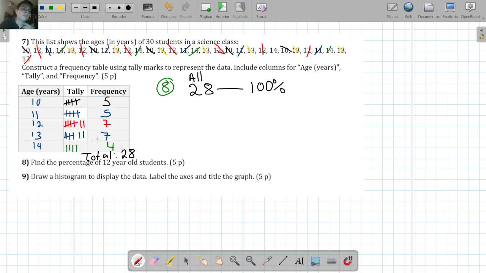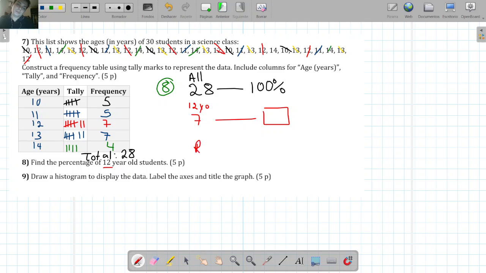The question now, for the ones that are 12 years old, we have 7 students that are 12 years old. YO means years old, by the way. Y, years, O, old. Years old, YO. Okay, so we have 7 students and we are looking for the percentage.